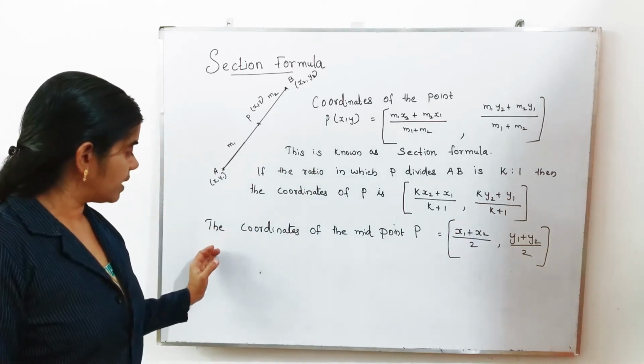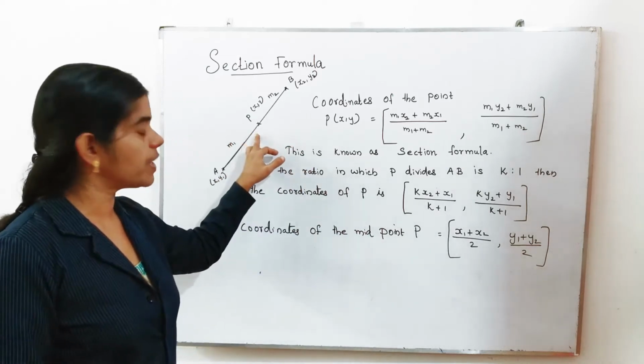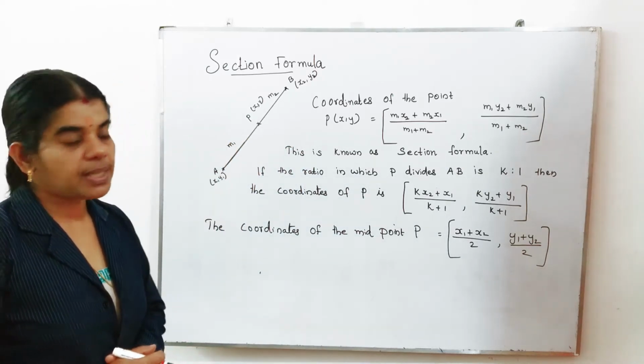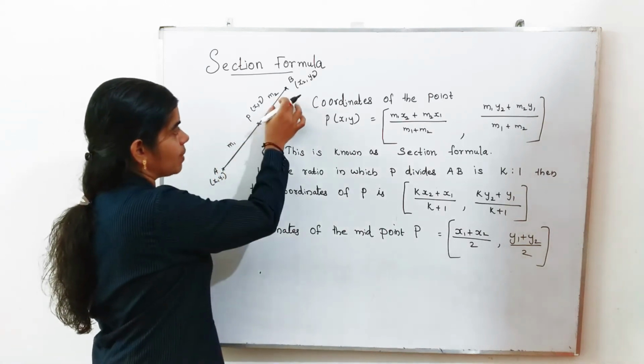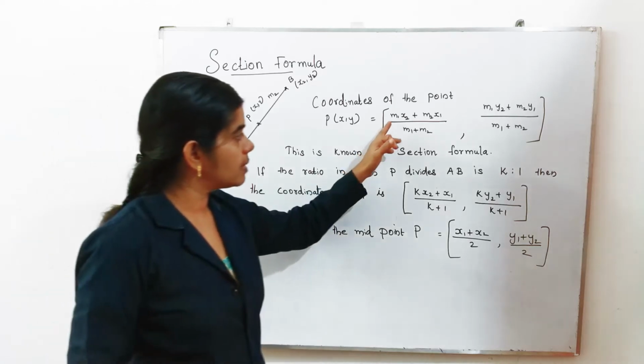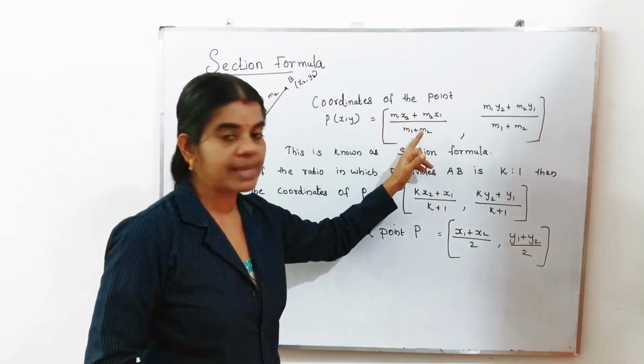Next is the coordinates of the midpoint P. Suppose this point P is the midpoint of AB. Then what will happen? m1 will be equal to m2, so the ratio will be the same. Then we put 1 here and 1 here, and m1 plus m2 gives 2.